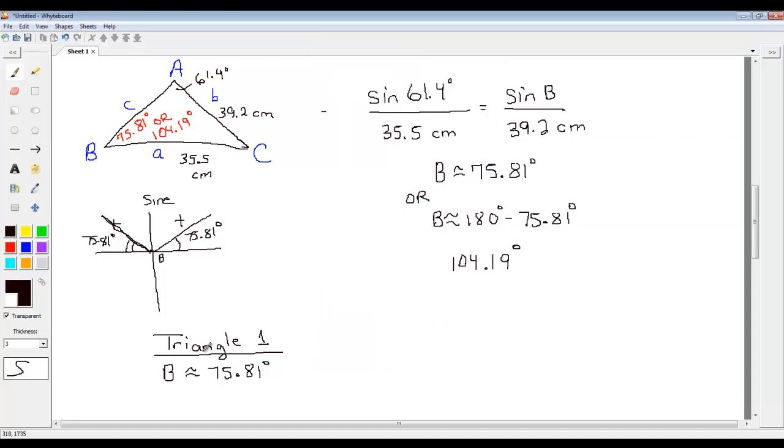That's 42.79. That finishes finding the angles, because you already know that A is 61.4. You already know side B is 39.2 centimeters, and side A is 35.5 centimeters.